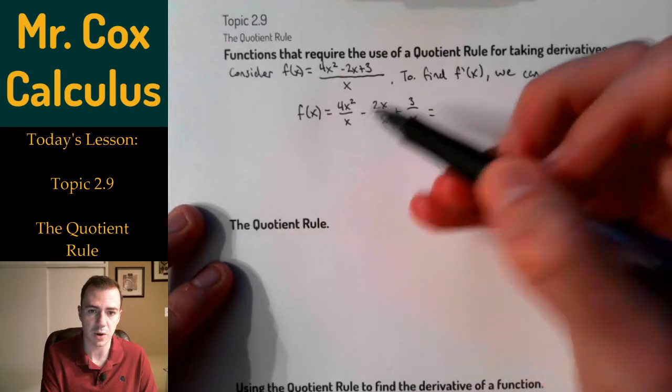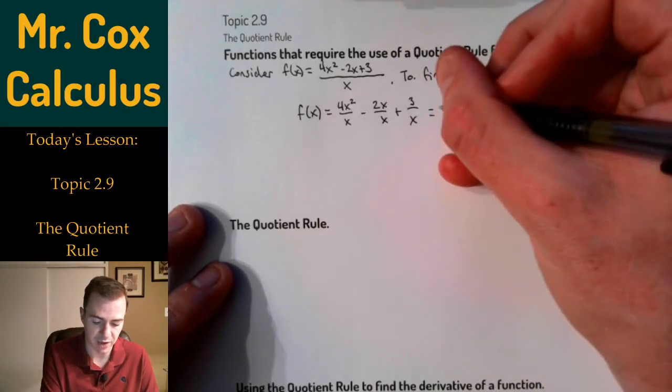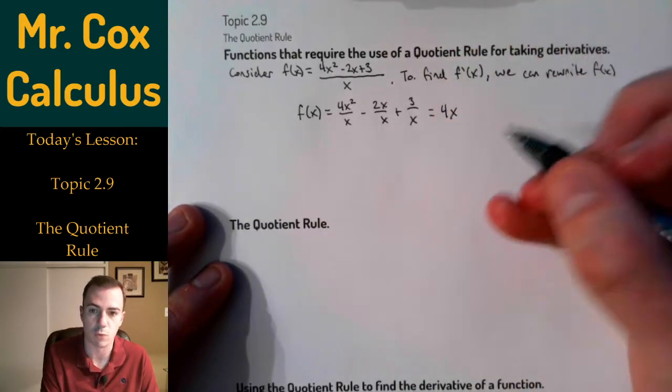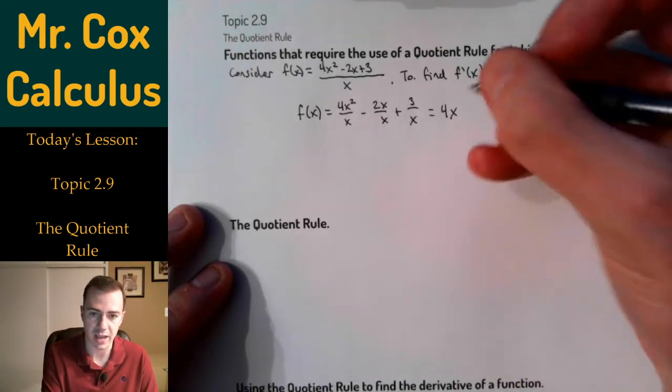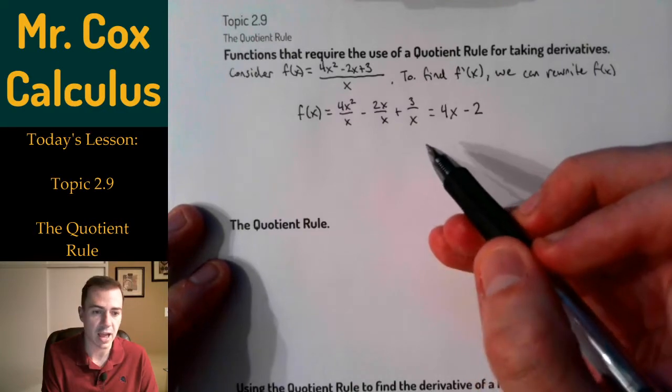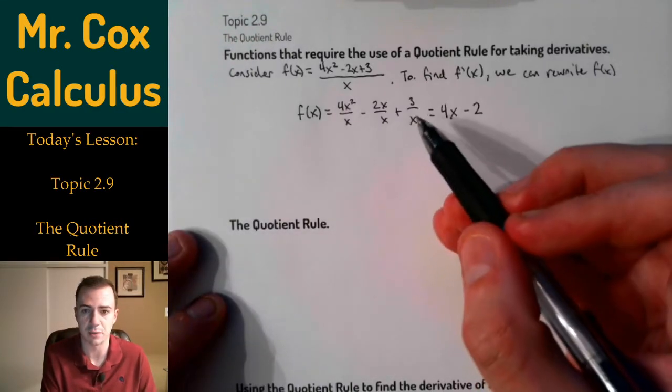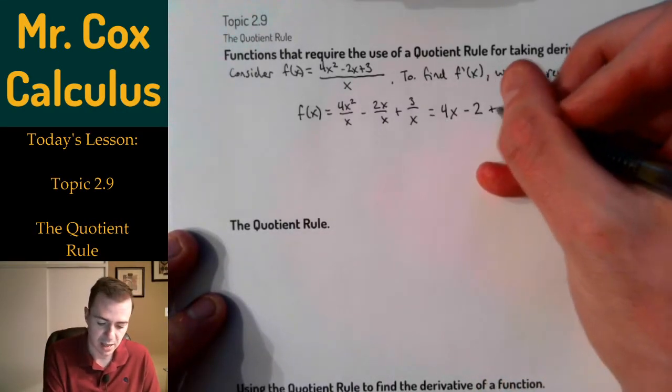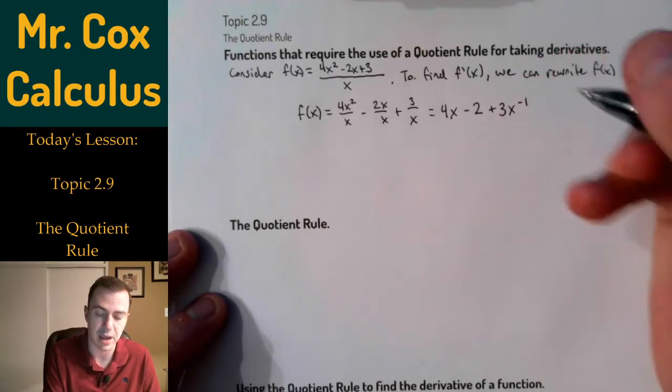So 4x squared over x is going to divide off an x, and I'm going to be left with 4x. 2x over x is simply going to be minus 2. And then 3 over x, because we're going to take its derivative, let's rewrite that as 3x to the minus 1.